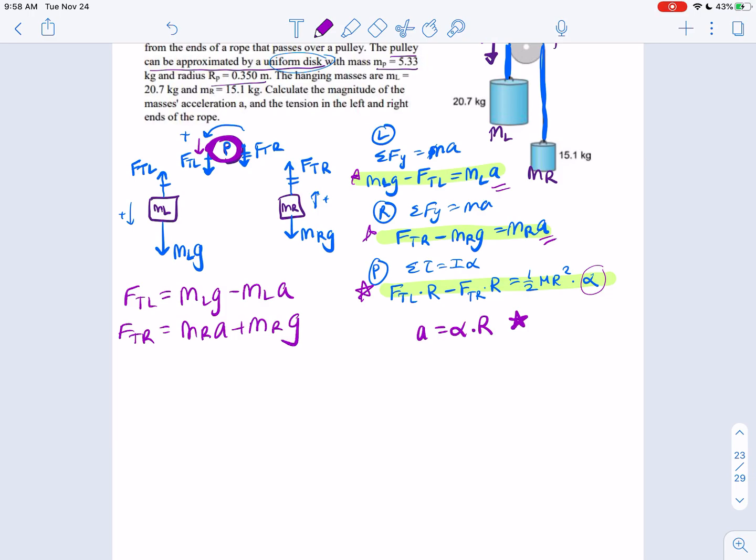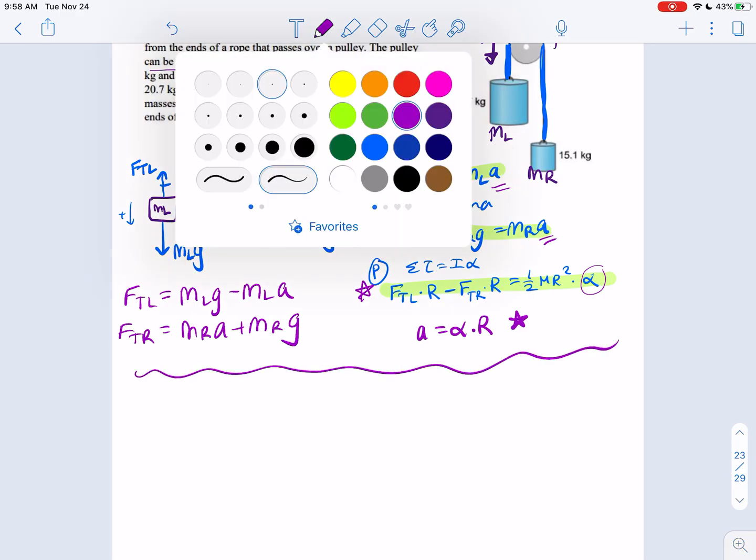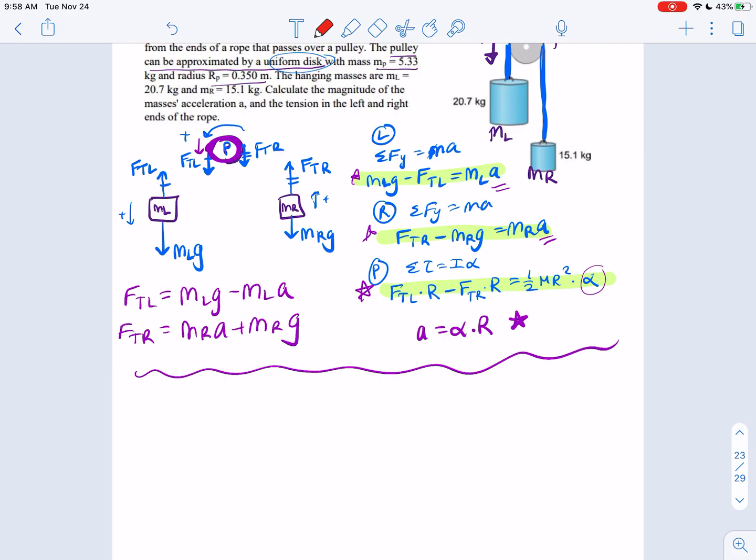And then I'm probably just going to throw everything into this big, huge equation. Is this the best way? I don't know. We're going to see. I'm going to start with this equation: FTL radius minus FTR radius equals 1/2 mr squared alpha. Now I'm just going to plug all this stuff in.